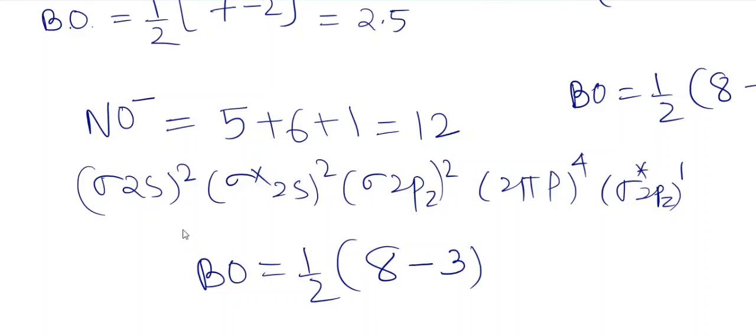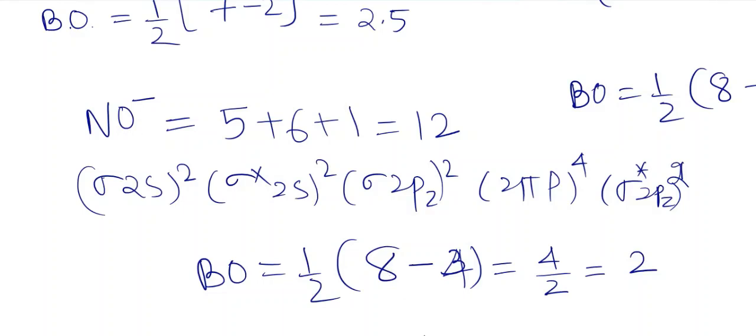I will add again, 2 plus 2 is 4, plus 2 is 6, plus 4 is 10, and I will add 2 here, then only it is 12 electrons. Antibonding is 2 plus 2, which is 4. So 8 minus 4 divided by 2 is 4 by 2, equal to 2.